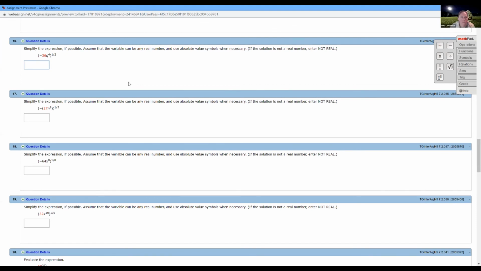Isn't a half power going to be a square root? Half powers are square roots. Isn't the square root of negative 36 something not real? I can stop there. I don't care what the rest is going to say. The square root of negative 4, the square root of negative 9, the minute you see a square root with a negative inside, that's kind of the end of the question. Not real.